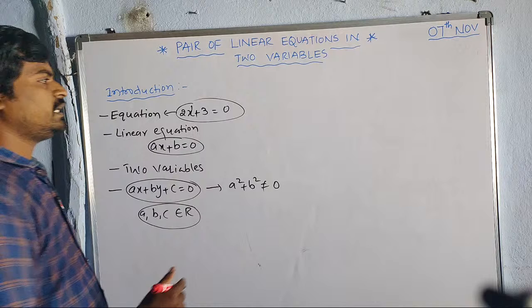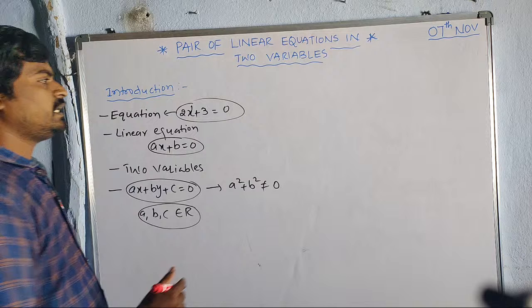Very easy, friends. The definition is in the words itself. Pair of linear equations is nothing but two linear equations in the same two variables. So what is the general form of this?